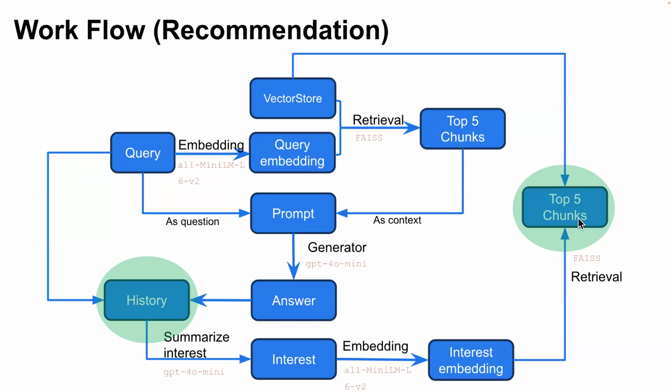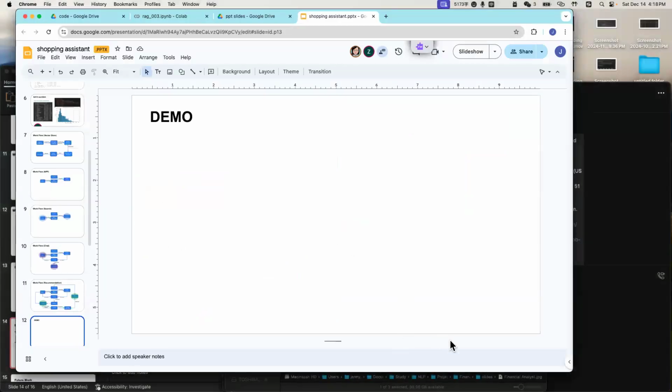This represents the recommendation of products we think the user is interested in, based on analyzing the conversation history. Then we wrap this into a recommendation section in our app. One second, let me get the video to show the demo.